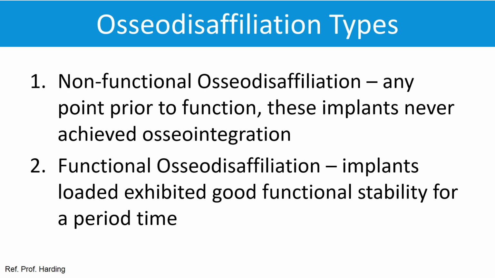So in this situation, the bone has failed to deliver a contact such that it can support a functional implant. We're not considering whether we've got osteointegration, because obviously, as I've said before, if an implant is loaded immediately, it most definitely is not osteointegrated, it is osteofixated, which is a completely different situation, a mechanical one.